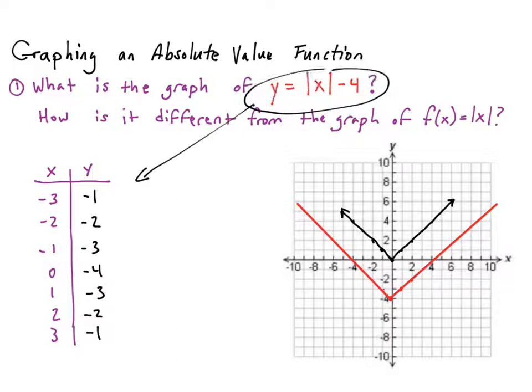The way this looks different is that your graph of y equals the absolute value of x minus 4 is translated down 4 units.